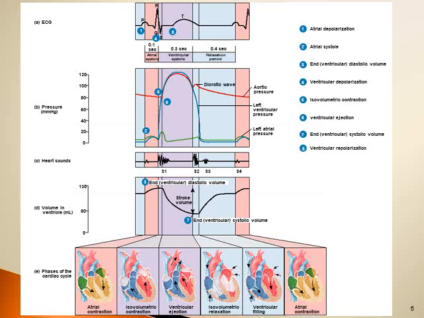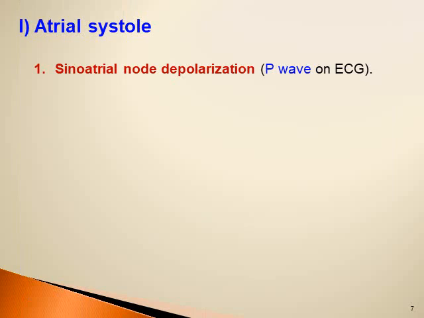And then the ventricular repolarization will start, and this is represented by the T wave on the ECG, and leads to isovolumetric relaxation, where the tension in the wall of the ventricle will decrease, but there is no change in the volume of the left ventricle. And then the decrease in the pressure inside the left ventricle will open the mitral valve, so ventricular filling will happen, which increases again the volume inside the left ventricle.